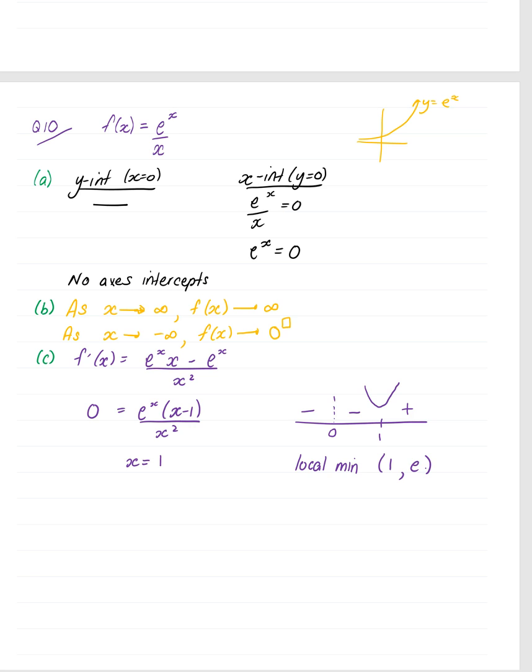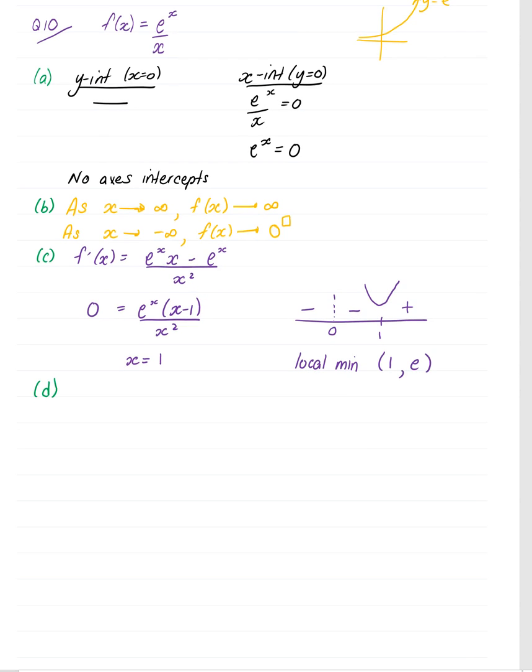Find the intervals where it's concave and convex. So that brings into play our second derivative. Let's see, this is looking a little bit nasty. How will we differentiate that?